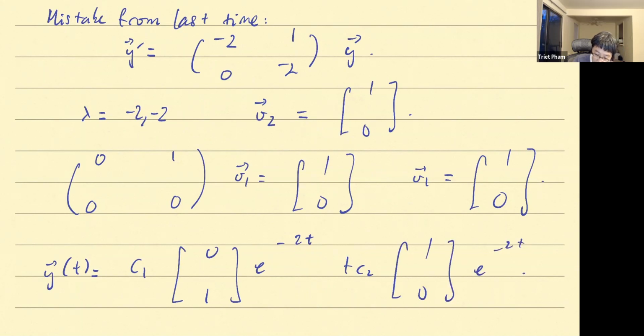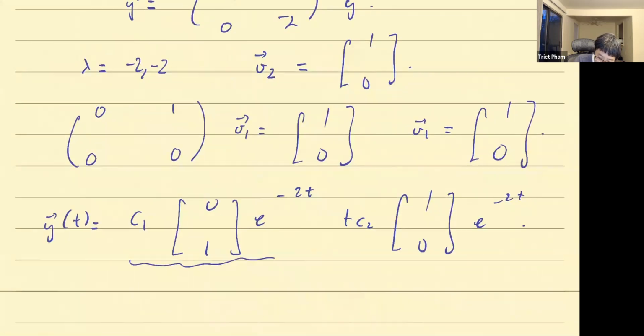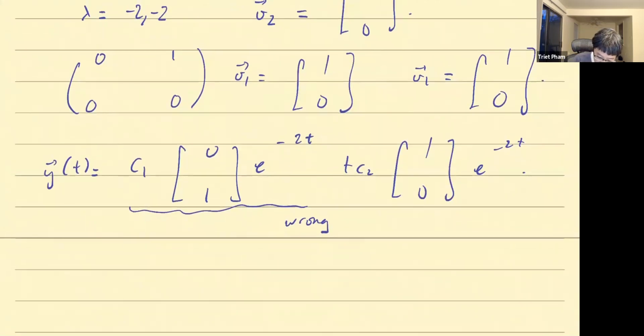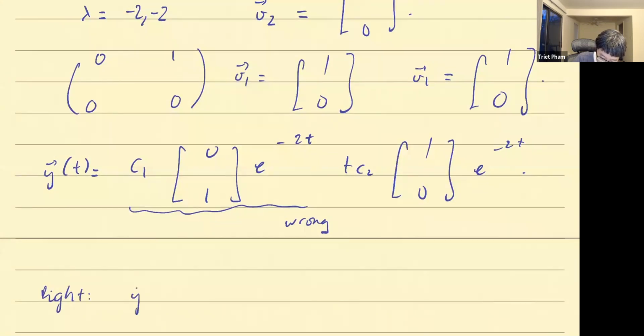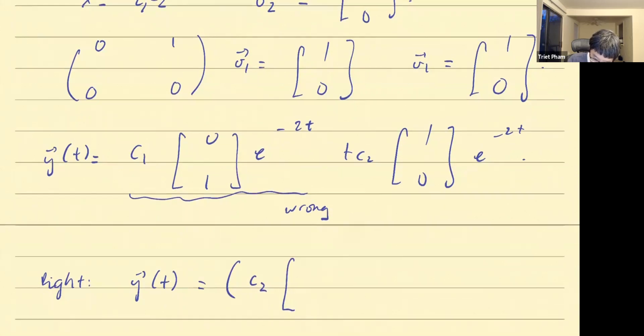Okay, this is wrong. And so the right solution will be this. So it will be C2 times (0, 1).